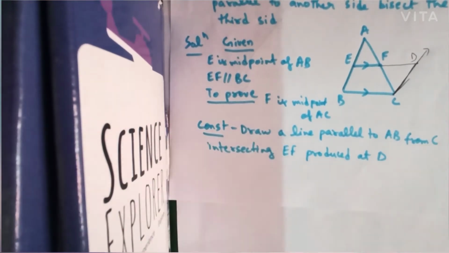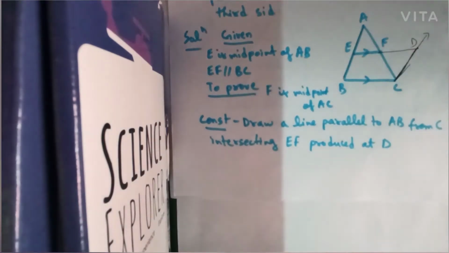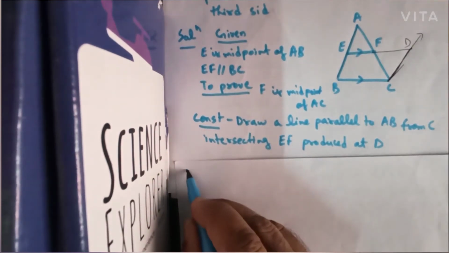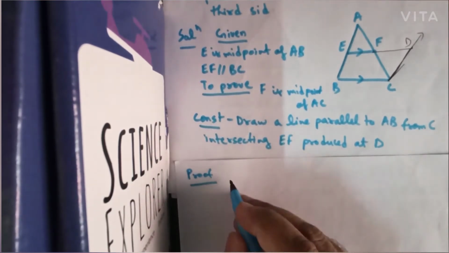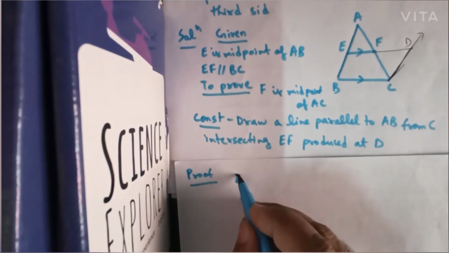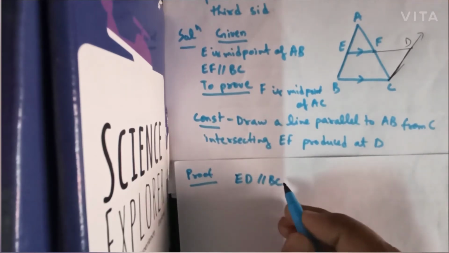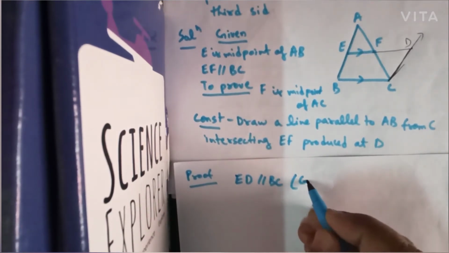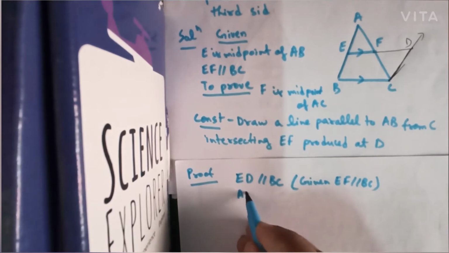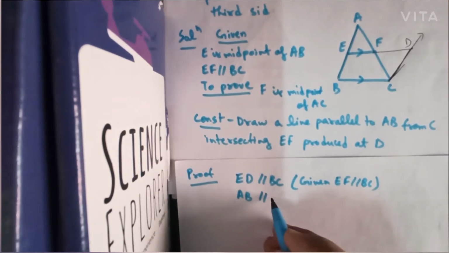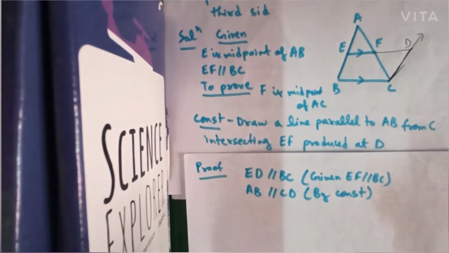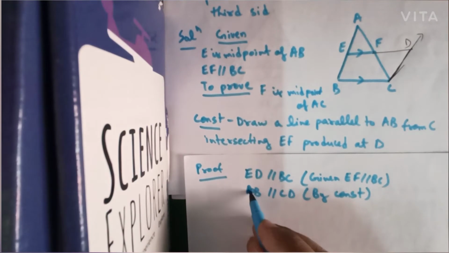Now we'll start with the proof. We know that by construction, since EF is parallel to BC, ED will be parallel to BC, because ED is EF extended till D. It is given that EF is parallel to BC, and AB is parallel to CD by construction, so instead of AB we can write EB.